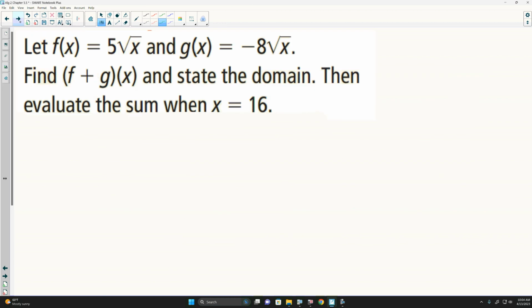Let's look at one more with addition, then we'll move on to subtraction. So f plus g of x. This is the same thing as saying f of x plus g of x.